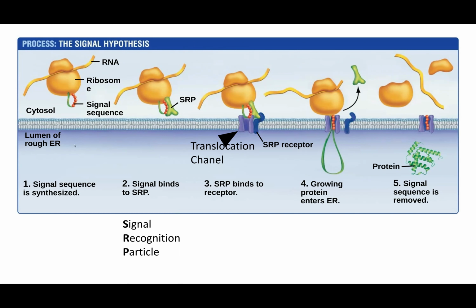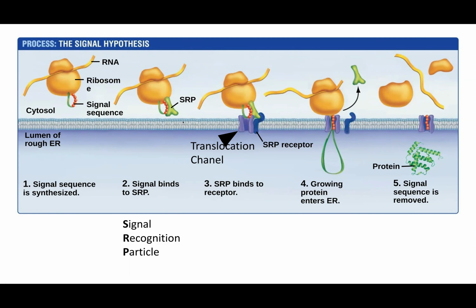If we have a ribosome making a protein from an mRNA, what's tacked on to the end is what's called a signal sequence. Every time you're producing a protein, your cells will attach what's called a signal recognition particle, or an SRP, to it.